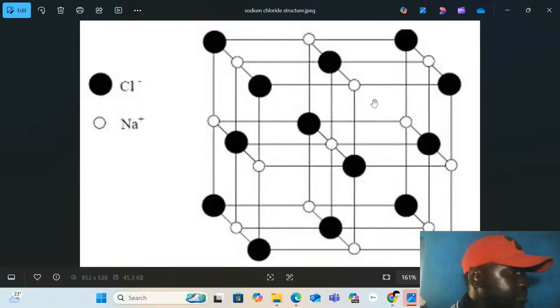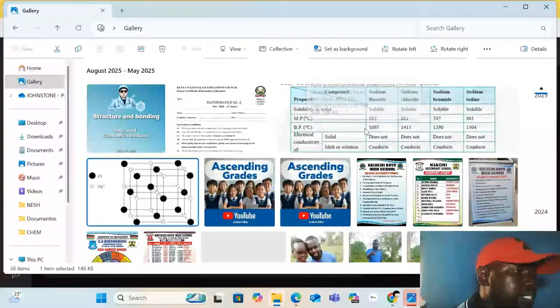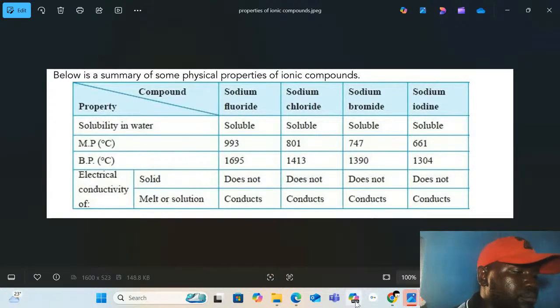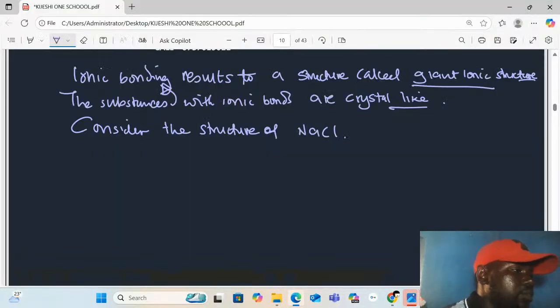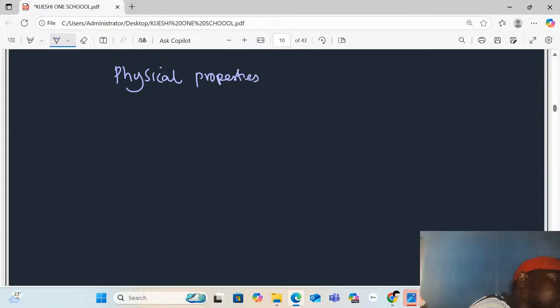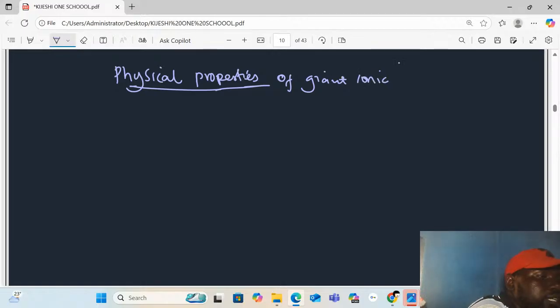Now, with a view of that structure, I think we can move to the next part, which is the physical properties of giant ionic structures.